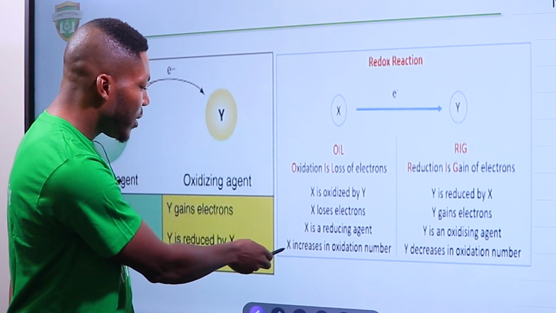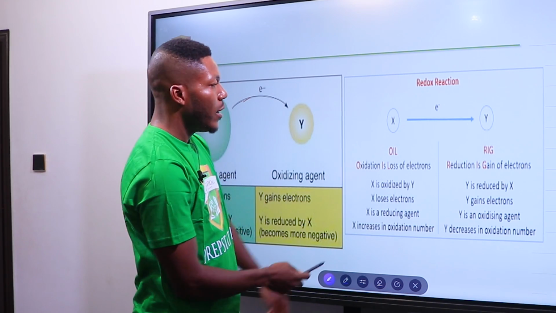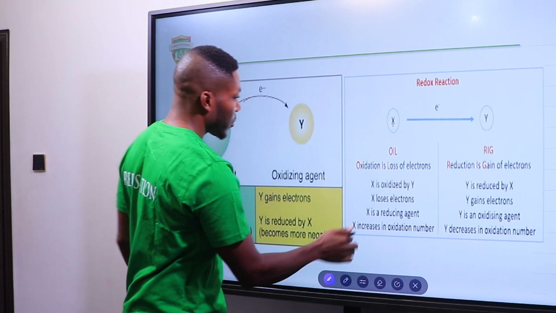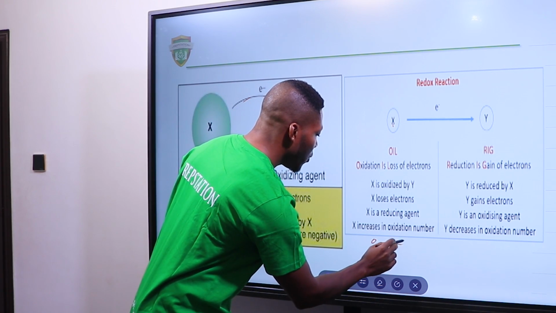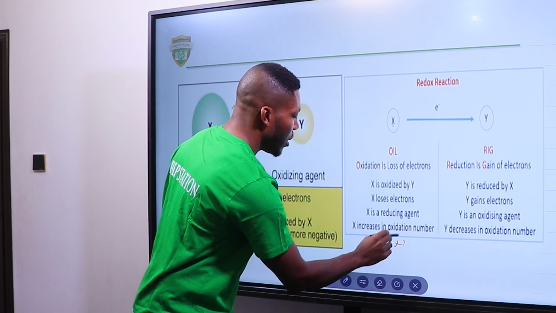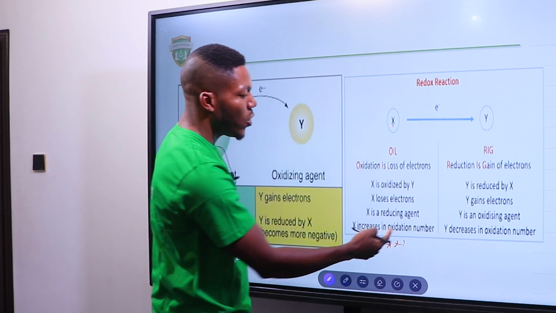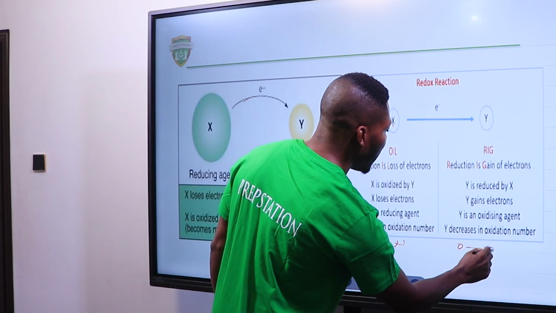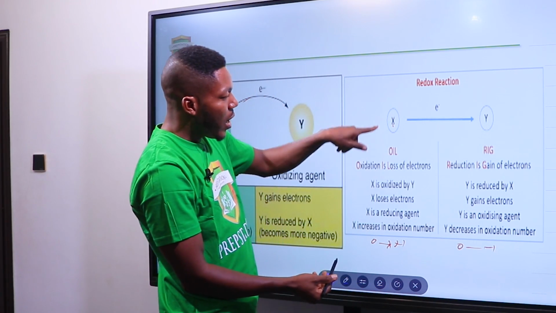Whereas X increases in oxidation number, from 0 to plus 1. So the number increases in the positive direction. Whereas Y decreases from 0 down to minus 1, meaning that it has gained an electron from X.